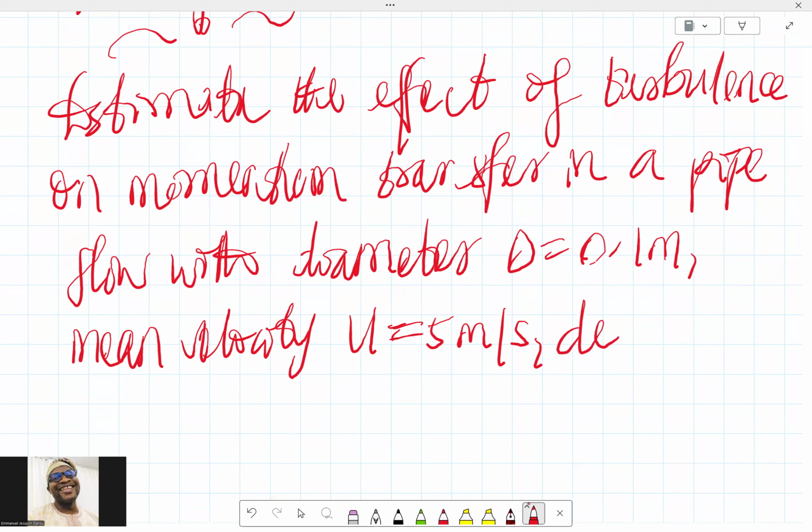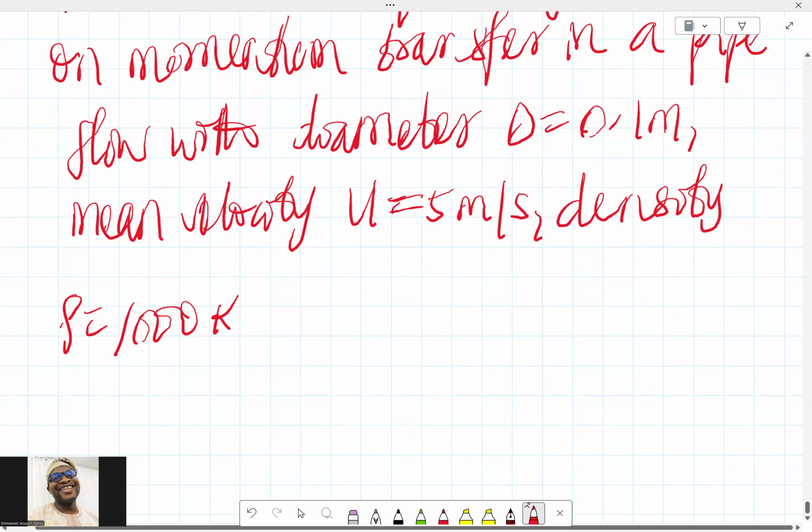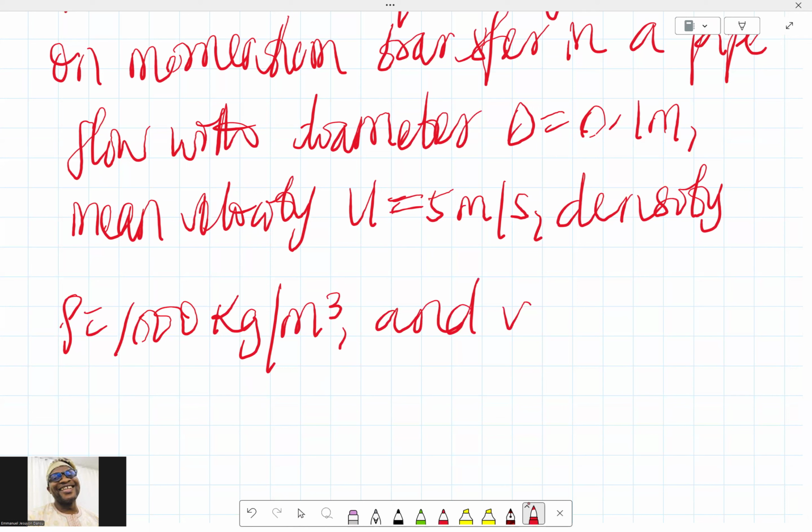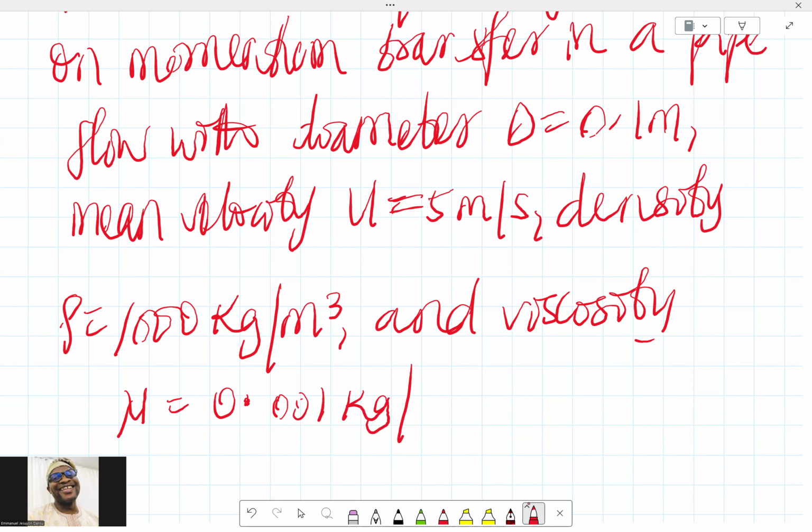Then we have density rho equals 1000 kilograms per meter cubed, and viscosity mu, which is 0.001 kilograms per meter second.